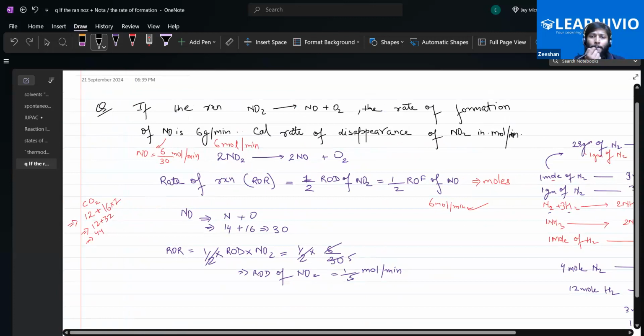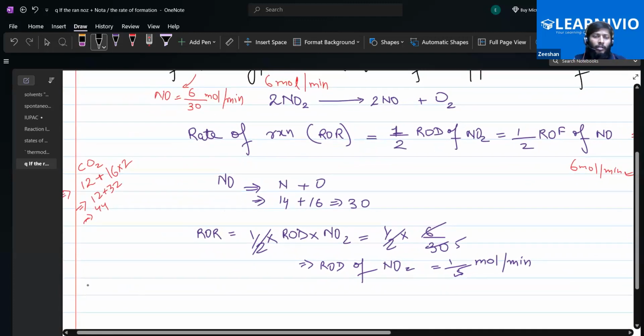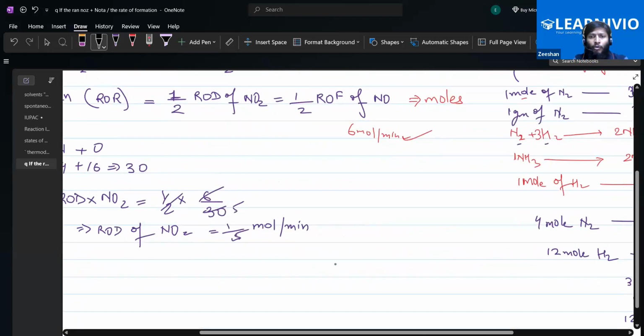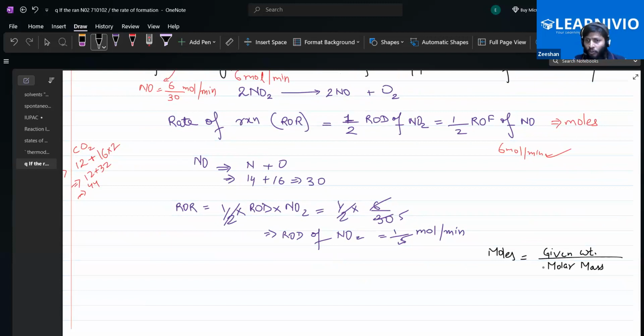Sir, can you show how to then convert it into gram per minute? Okay. You have to remember the formula of moles. Moles is equal to given mass, or given weight, upon molar mass. This one is given as 1 by 5, which means you have the moles, and we always know the molar mass.